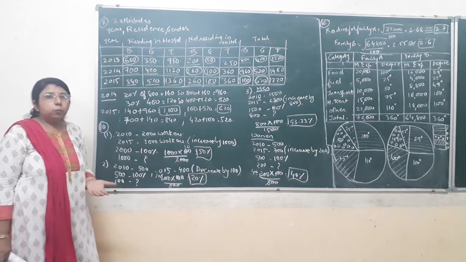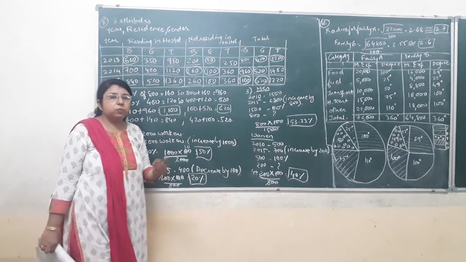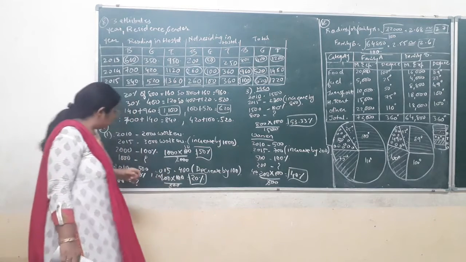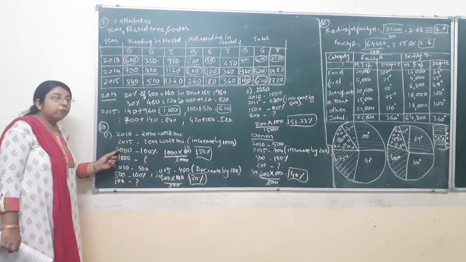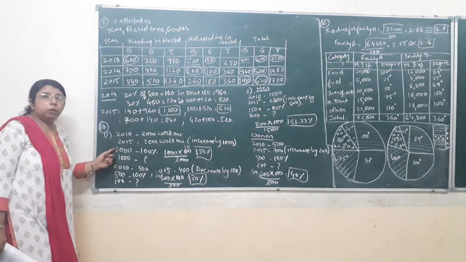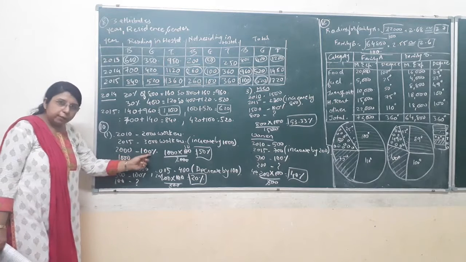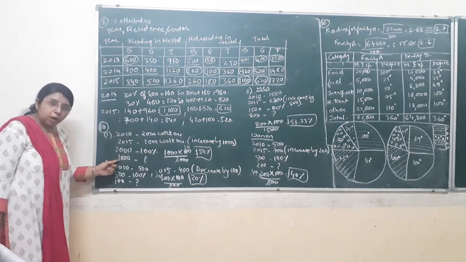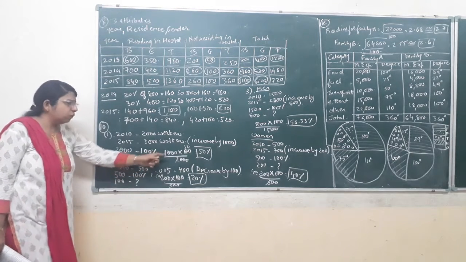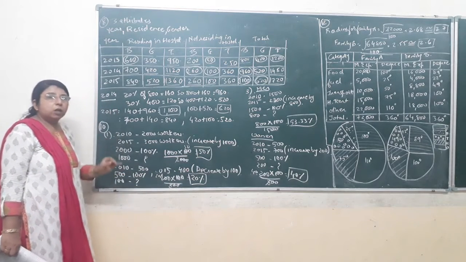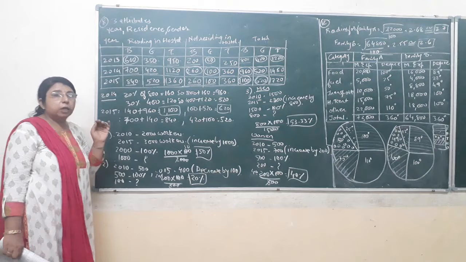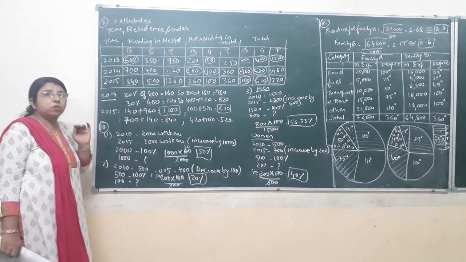How to convert it into percentage? Percentage is always calculated on 100. Here I have shown the calculation. If the total number of workers was 2000 in the year 2010, then that is 100%. Then if it is 1000, then how much? Actually it would be 50%. So you can see 50% workers have increased from the year 2010 to 2015.